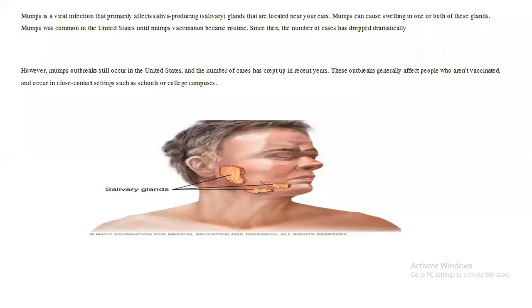Since then, the number of cases has dropped dramatically. However, mumps outbreaks still occur in the United States, and the number of cases has crept up in recent years. These outbreaks generally affect people who are not vaccinated and occur in close contact settings such as schools or college campuses.